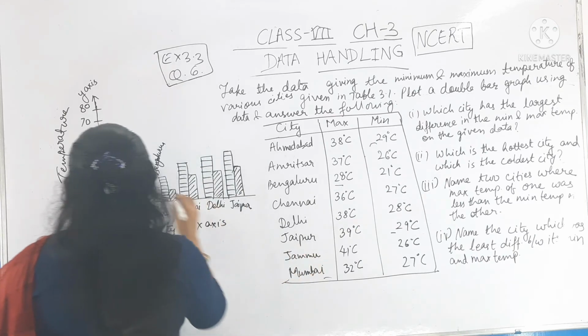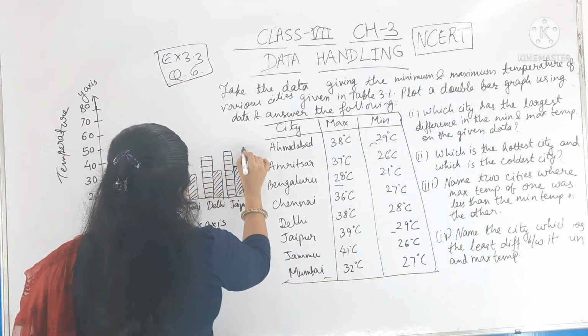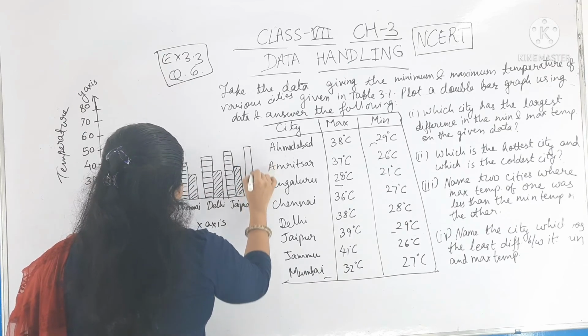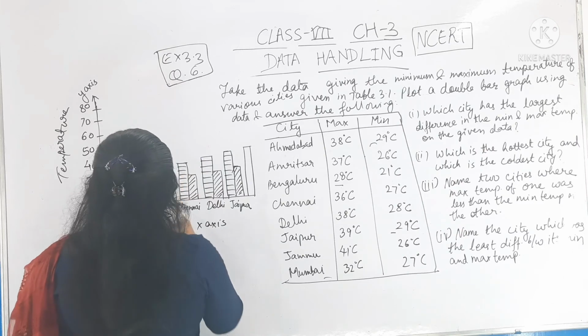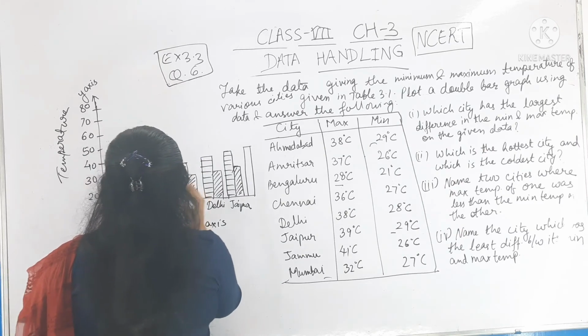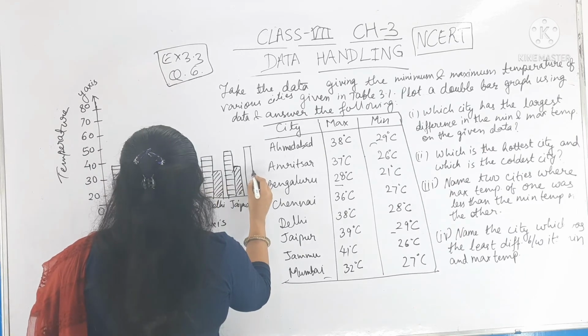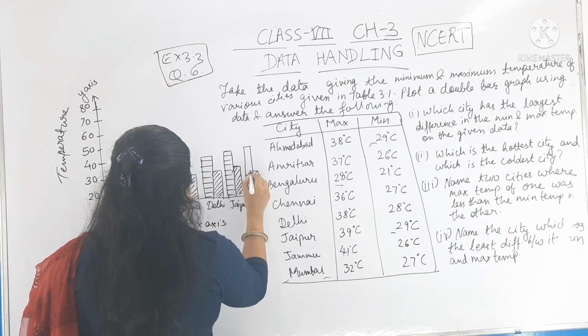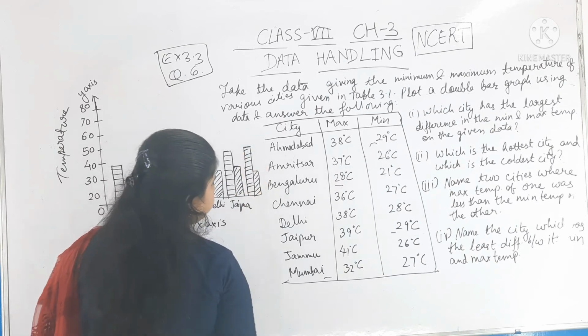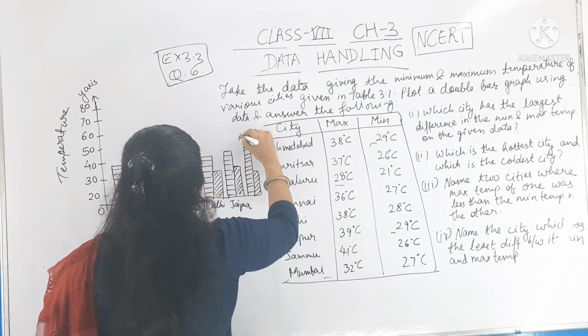Jammu is having 41 and 26 here, same as Amritsar. Jammu.